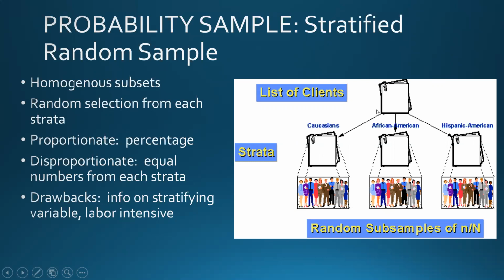characteristics. In this example, race was used as the strata, and people who were in the study or potentially in the study were collected and sorted into basically these three groups. And then they were randomly sampled from the subset of this larger population.